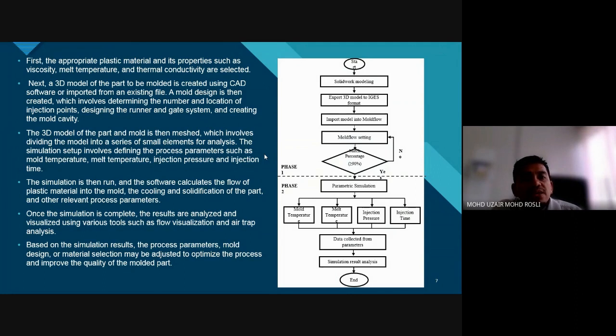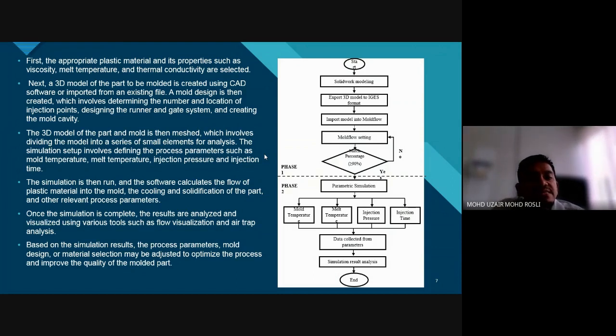So the 3D model of the part and mold is meshed, which involves dividing the model into a series of small elements for analysis. The simulation setup involves defining the process parameters such as mold temperature, melt temperature, injection pressure, and injection time.